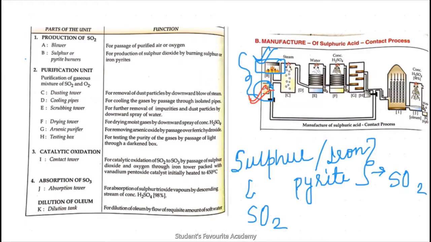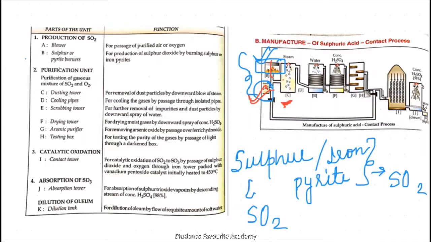Then what is happening, children? First is the dusting tower. As we move here, this is the C. What happens in the dusting tower? It is used for removal of dust particles by a downward blow of steam. From A, air is coming, from B, sulfur dioxide is coming, and then it is falling into this dusting tower, and steam is being passed from the top to the bottom.